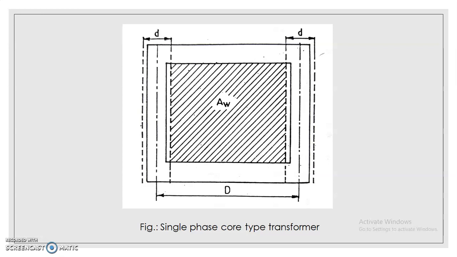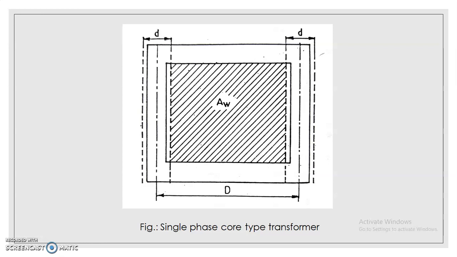In the figure, small d indicates the circumscribing circle diameter, and capital D indicates, as we saw in the last lecture, that a core type transformer has two limbs, and the center to center distance between the two limbs is capital D. The shaded part is Aw, the window area.